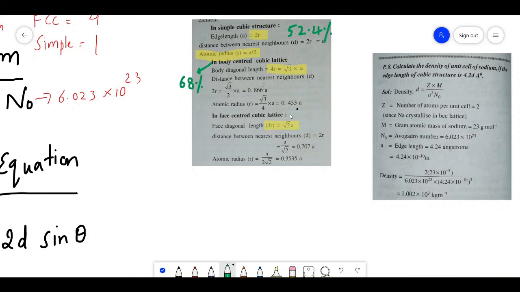And for FCC, the packing efficiency is equal to 74%. Just remember these percentages. And in the same question, sometimes he will ask what is the void. These 68 and 52.4 are all packing efficiency. If you want to calculate void, the void is equal to 100 minus packing efficiency.